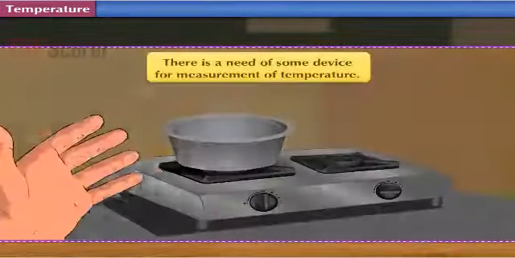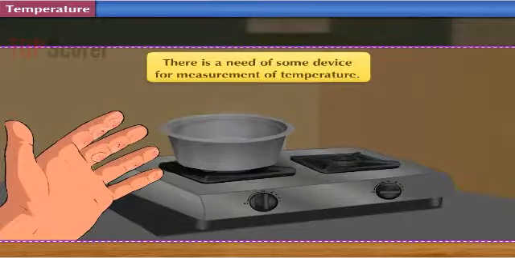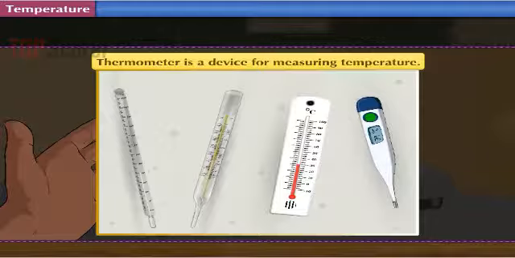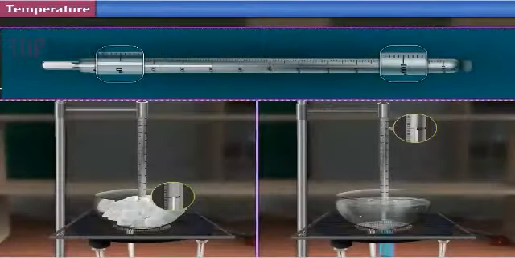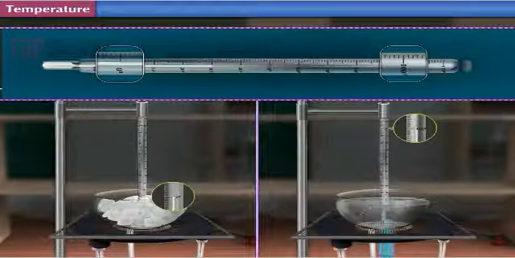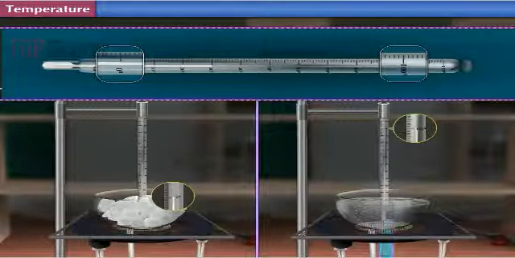Therefore, there is a need of some device for measurement of temperature. Thermometer is a device for measuring temperature. In the previous grade, we studied about thermometer. In this lesson, you are going to learn about the construction of a thermometer. But before that, let us first know what is the difference between the terms heat and temperature.